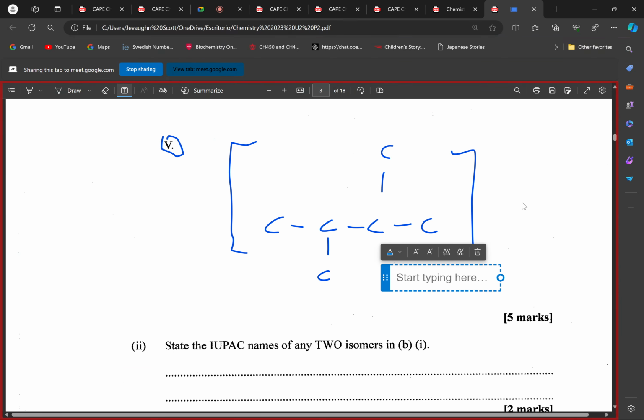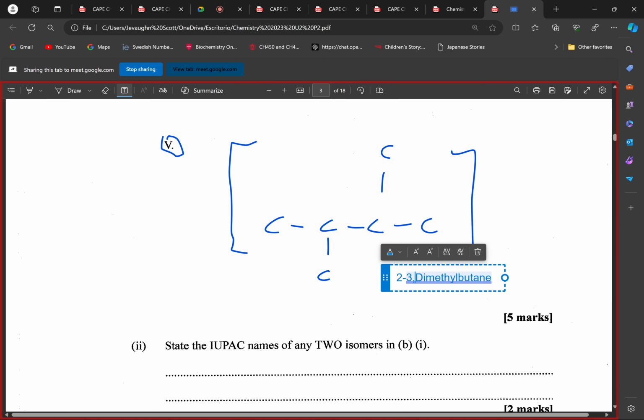Sir, 2,3-methyl butane. 2,3-dimethyl butane. Okay. Isn't it methyl, sir? I think it's methyl because we don't have two methyl groups on the same branch. Or I'm confused.